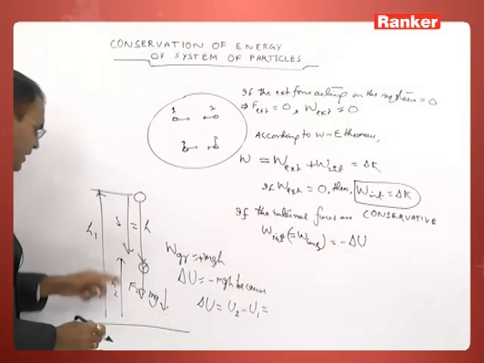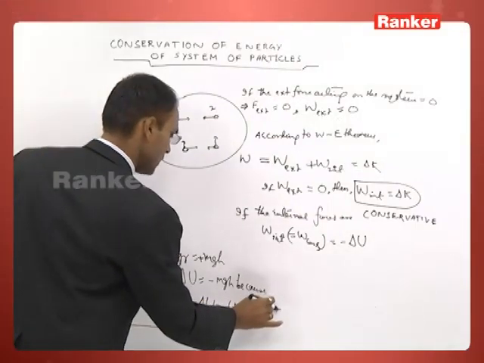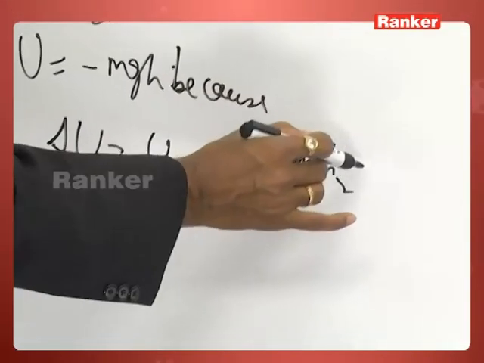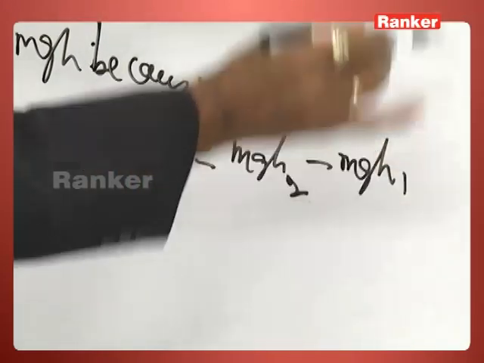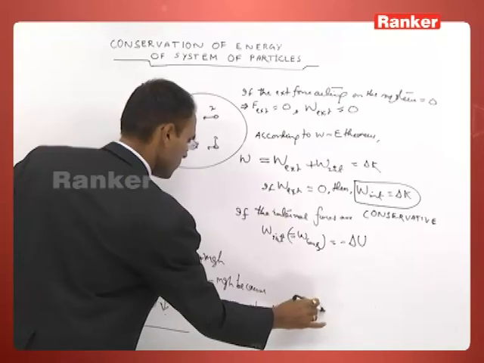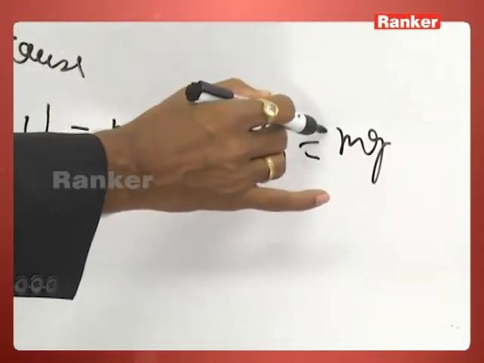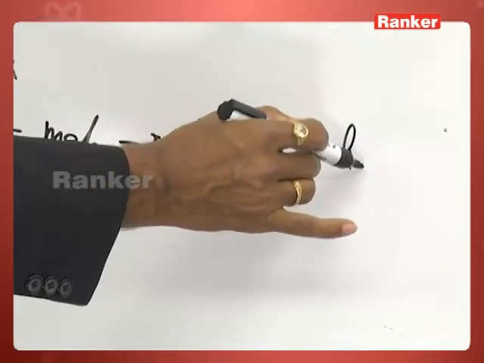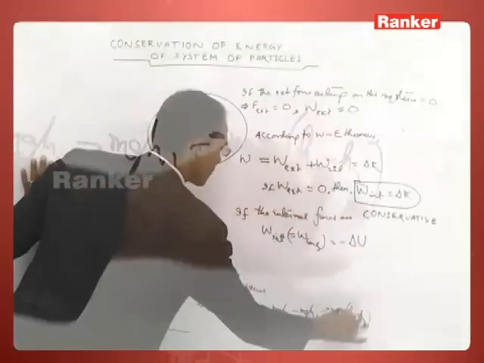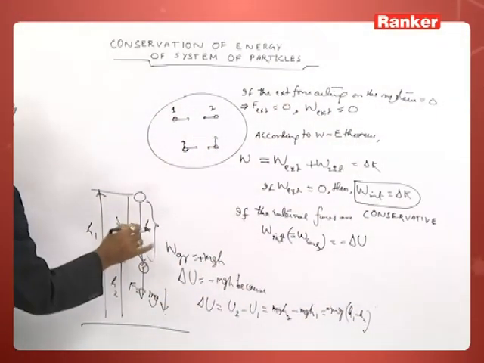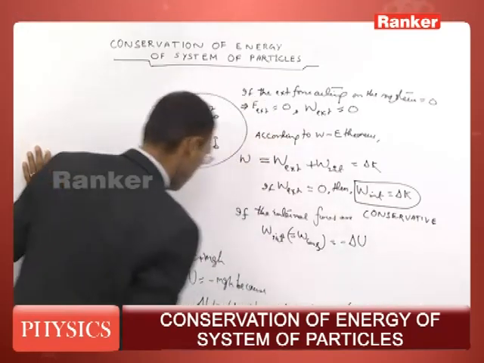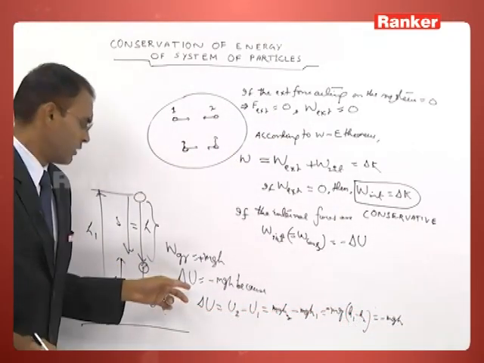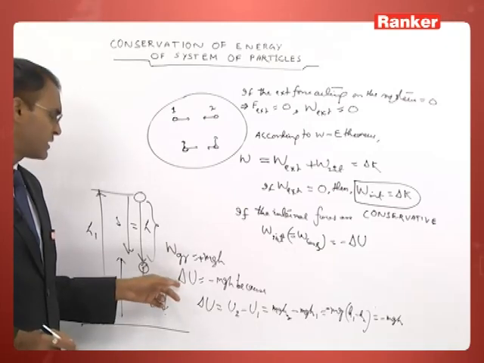What is final potential energy? mg into h2. What is initial potential energy? mg into h1. This is equal to mg into h2 minus h1, which is minus mg into h1 minus h2, and h1 minus h2 can be written as h. Now you understood why I wrote change in potential energy as minus mgh.